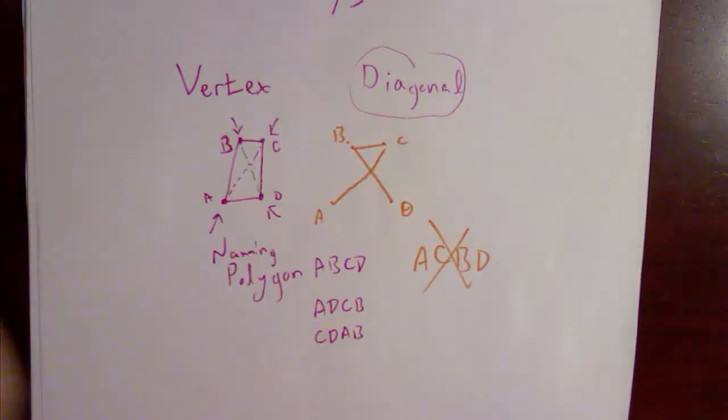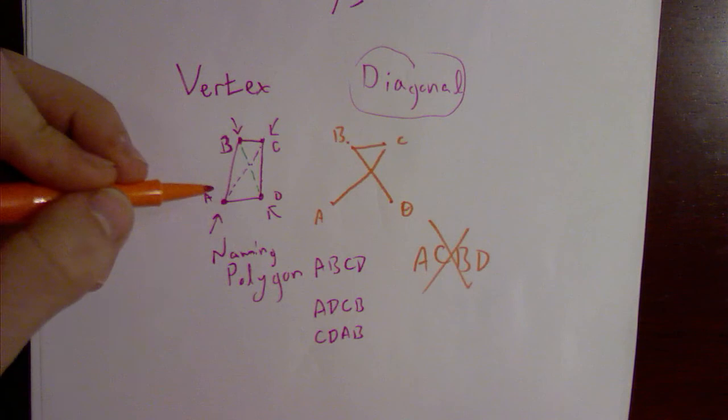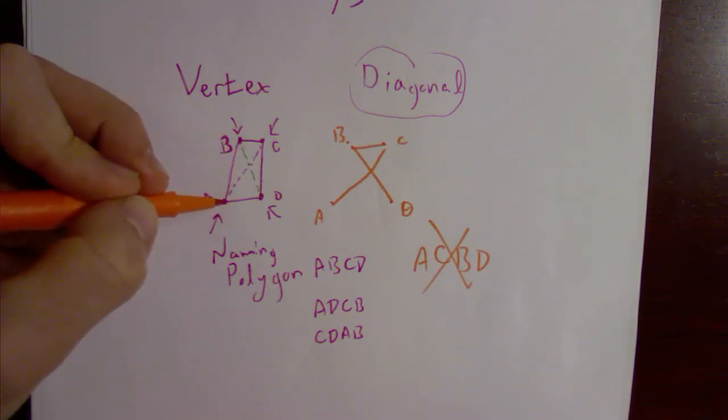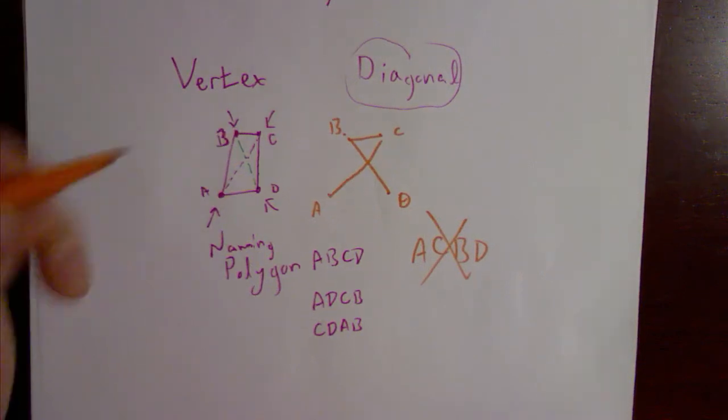So this is not an okay name for this polygon. To name a polygon, you just take a point and you draw out that same polygon. So you can either take any point and then just go clockwise or counterclockwise.